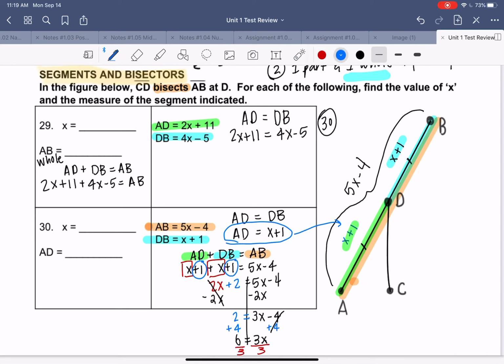So when I divide by 3, 6 divided by 3 equals 2. So our x is 2. That means our AD, which remember is labeled with x plus 1, is now 2 plus 1, which is 3.